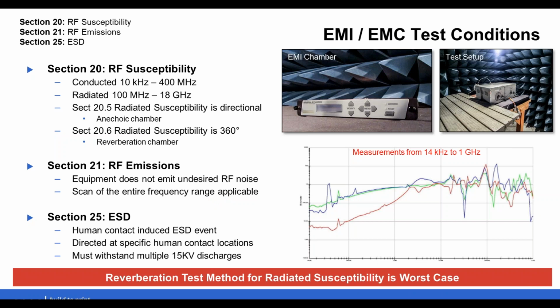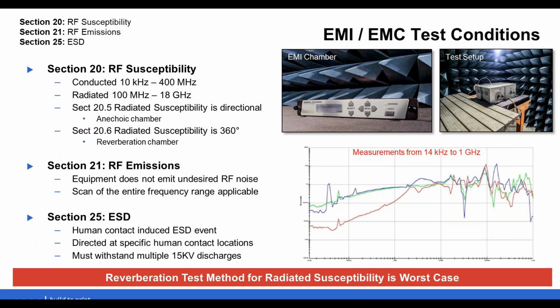So the RF susceptibility test is typically performed below 400 megahertz using conducted susceptibility testing. In other words, you're somehow driving a RF signal in through a conducted path to your product.